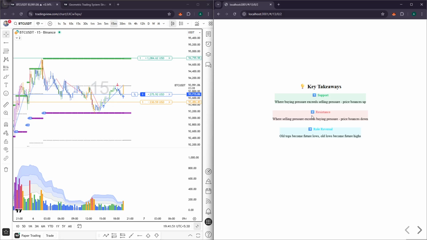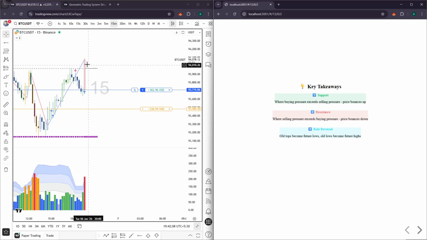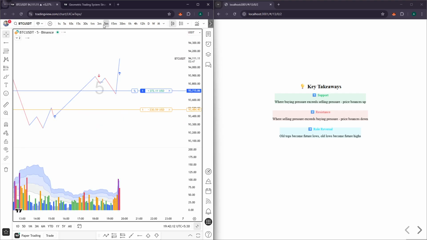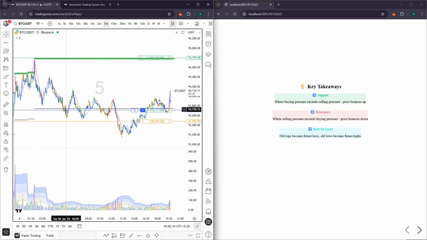Role reversal is when old tops become future lows, or old lows become future highs, or in simple terms, old support becoming future resistance, or old resistance becoming future support. You see the market is going up, so pressure is coming, right? If I come to the 5 minute chart, you see this was resistance.